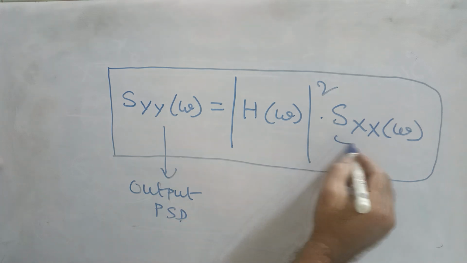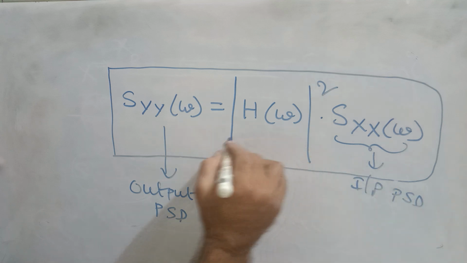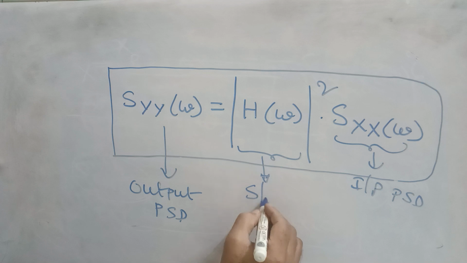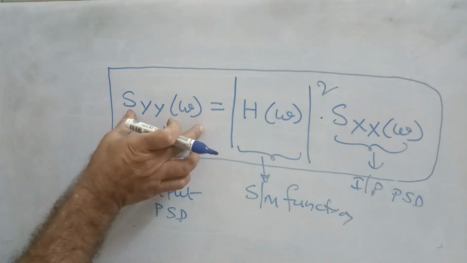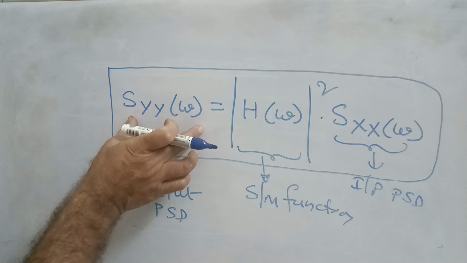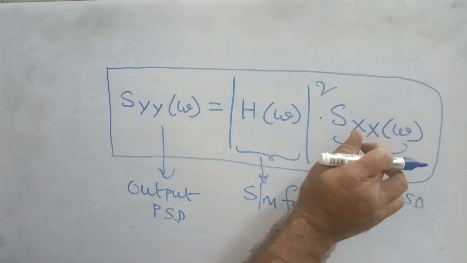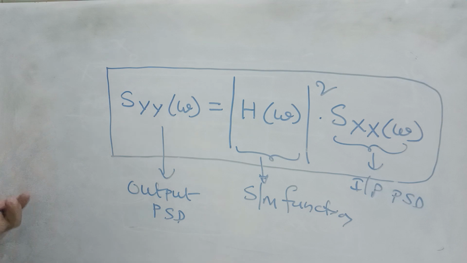This is my input PSD. And this is the magnitude of the transfer function, or system function. Therefore, the output PSD is equal to the input PSD multiplied by the magnitude of H squared.